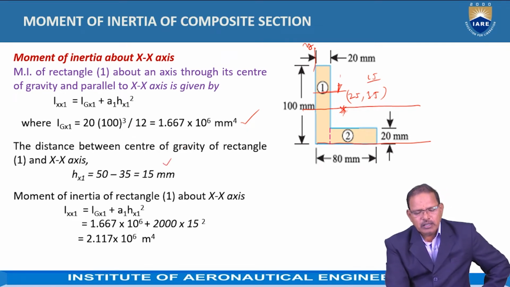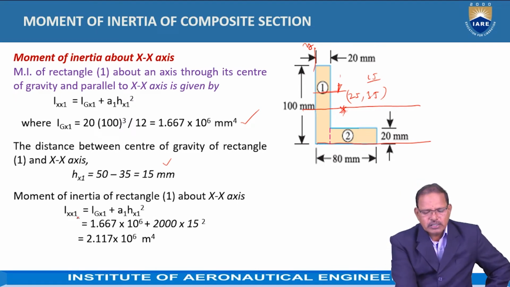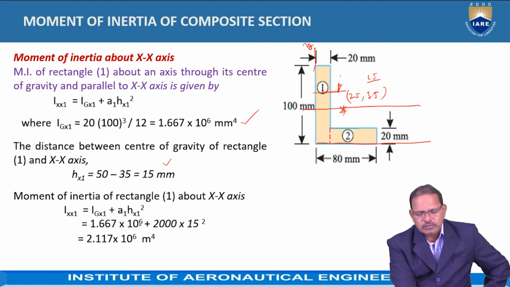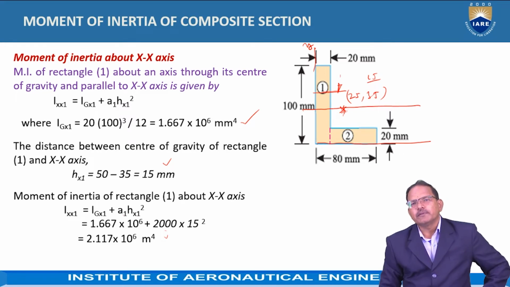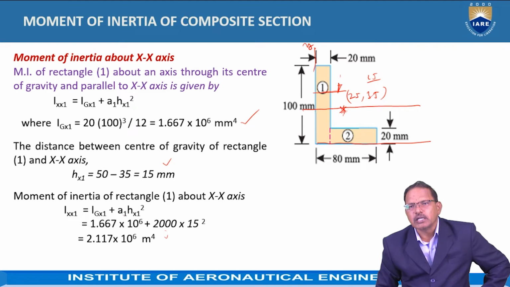Similarly, the moment of inertia of rectangle 1 about the x-axis, that is, the axis passing through the central axis, is given by, according to the parallel axis theorem, Ix1 is equal to Igx1 plus A1 Hx1 whole square, which is equal to 1.667 into 10 to the power of 6 plus 2000 into 15 square, which is equal to 2.117 into 10 to the power of 6 mm to the power of 4. This represents the moment of inertia possessed by the first rectangle about the central axis.